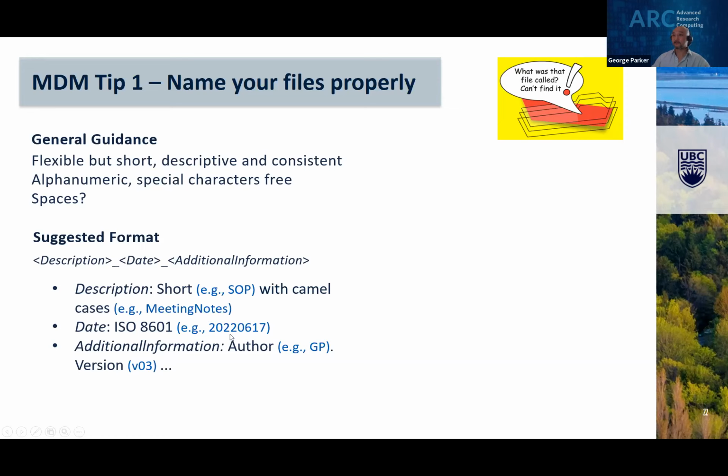That is a 4-digit year, 2-digit month, and 2-digit day. You can put a bunch of information in this additional component. For example, you may want to include the author, the version number, and so on. I'll give you some examples here.